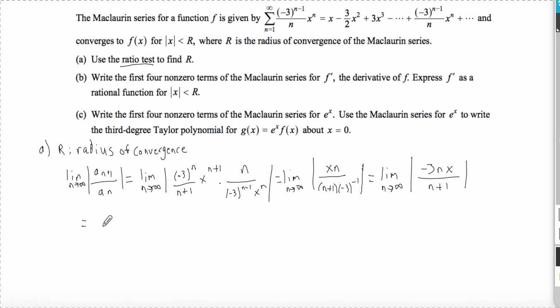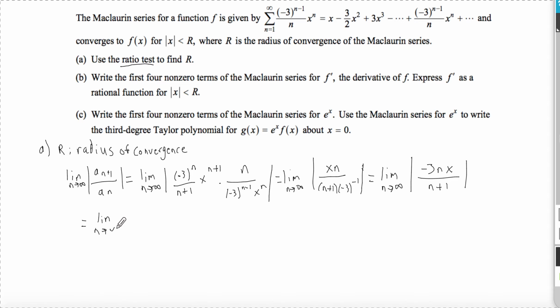So what does this mean for me? The -3, because of this absolute value sign, doesn't really matter. The absolute value sign for this -3 will make it positive, but this x is a variable, so I don't know it. So I've got to keep track of my absolute value signs at least there. So let me write it out this way.